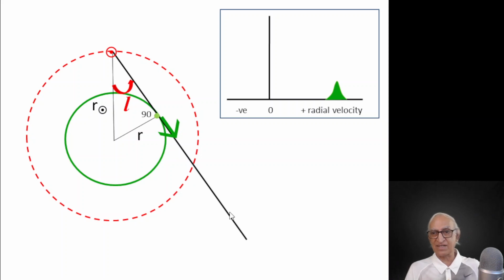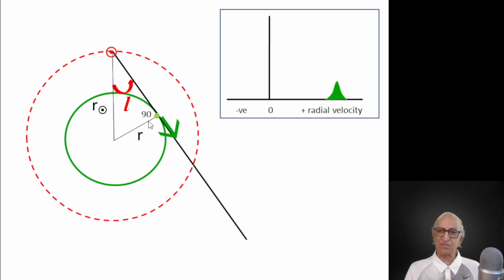In other words, the black line, which is the line of sight, is also a tangent to this green circle. Therefore, for this green cloud, there is no need to decompose the velocity. The radial velocity of that cloud will be precisely equal to its tangential velocity, because cos 0 is 1. And of course, since this cloud is interior to the solar circle, it will have a positive radial velocity.